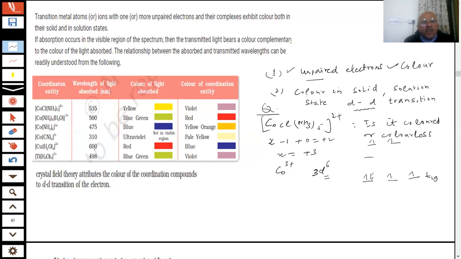In this case red is absorbed, and the complementary color is blue. Titanium is 498, blue green, and the color seen is violet. Crystal field theory attributes the color of the coordination compound to d-d transition of the electron. Clear?